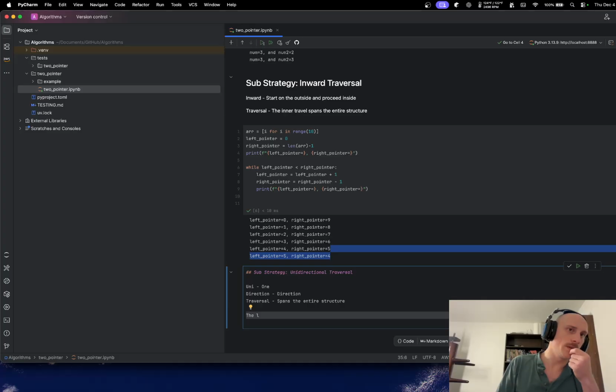How is a good way? The traversal, the journey, the one-way journey through a data structure.